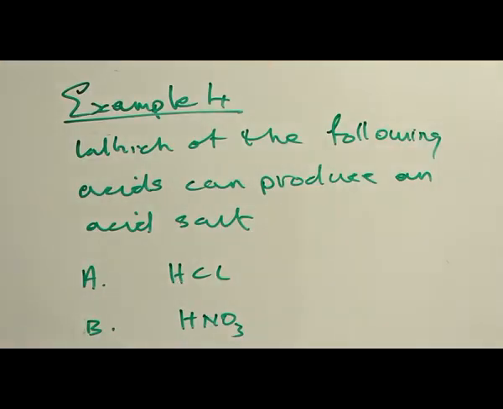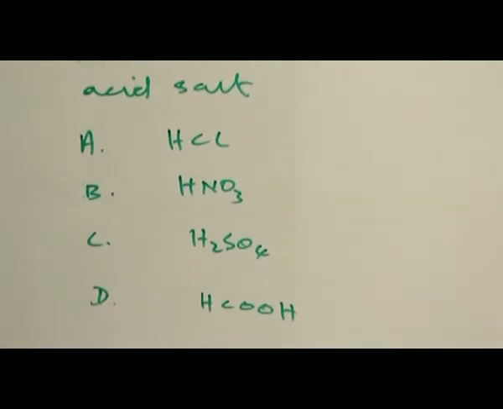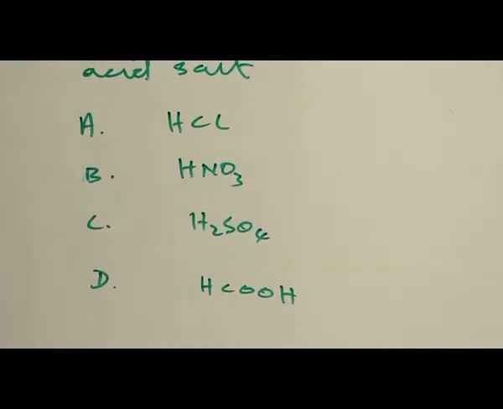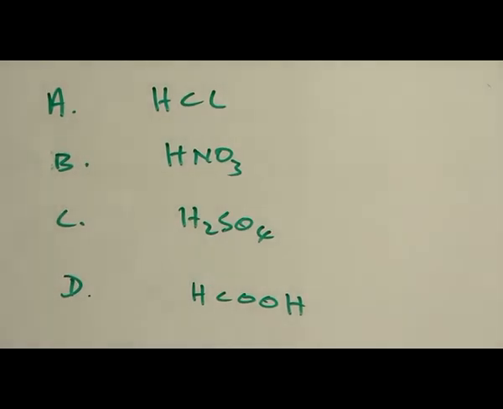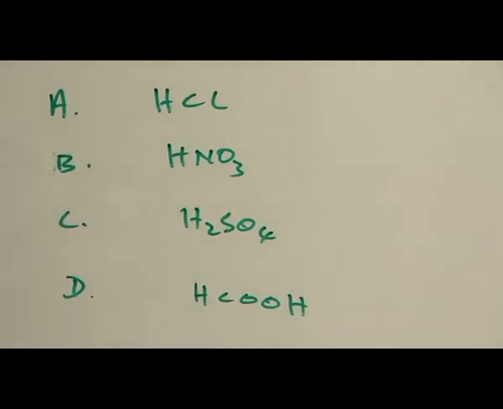Example 4. Which of the following acids can produce an acid salt? A. Hydrochloric acid. B. Trioxonitrate 5 acid. C. Tetraoxosulfate 6 acid. D. Methanoic acid.